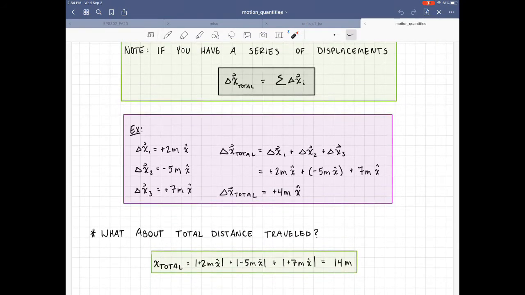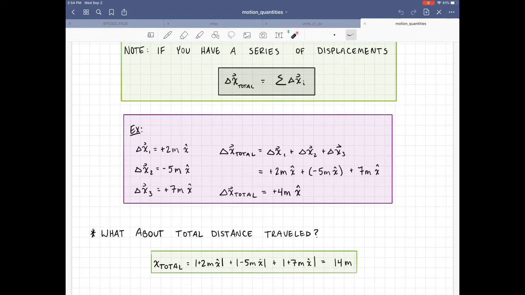So let's say that on my first trip, my displacement was just 2 meters to the right. And then I pause, and then I take, say, 5 steps back to the left. So my displacement in the second trip is negative 5 meters. Then I pause, and I take another trip to the right, plus 7 meters.